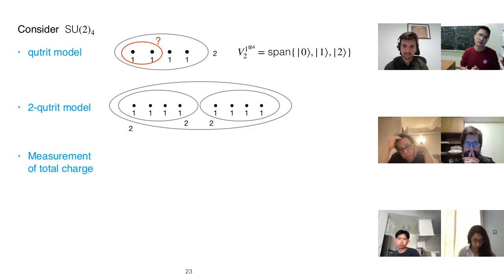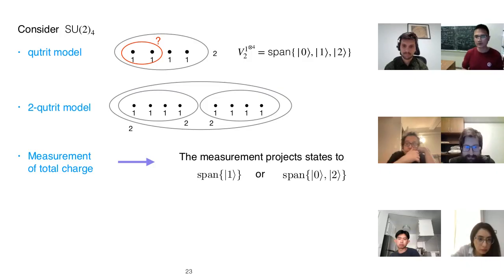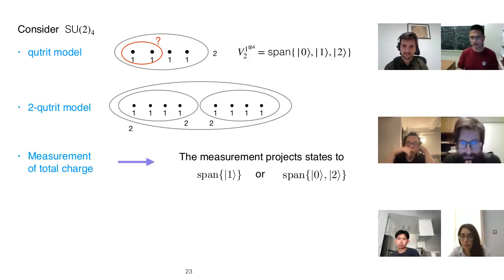But if we can make use of some extra operations, for example, if we are allowed to measure the total type of two anyons, then that's some extra operation, which can bring some extra power to the system. And it turns out that in this case, such a measurement effectively is equivalent to a measurement that projects the state to either one of the basis states or the orthogonal complement of that state.